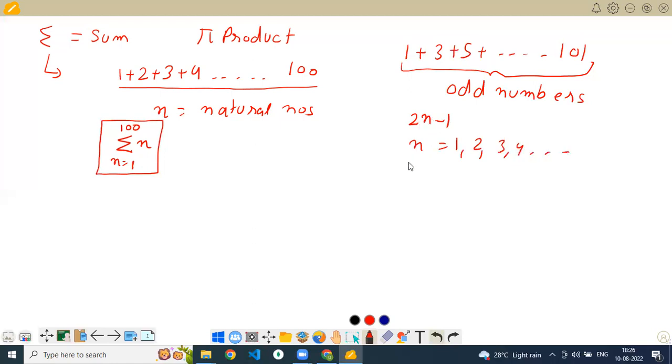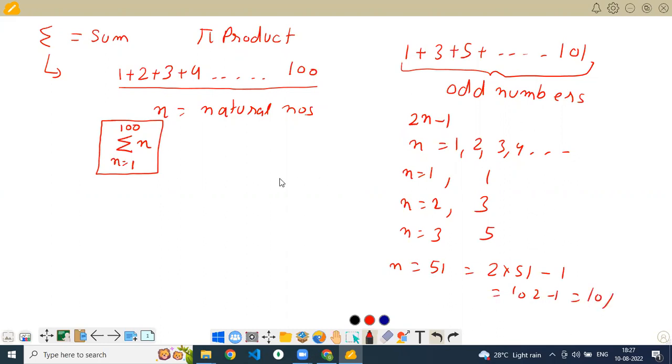So if I put the value of n is equal to 1, then the number is 1. If I put n is equal to 2, then the number is 2 multiplied by 2 minus 1, 3. If you put n is equal to 3, then the number is 5. And finally, when you put n is equal to 51, then the number is 2 multiplied by 51 minus 1, that is 102 minus 1, this is 101.